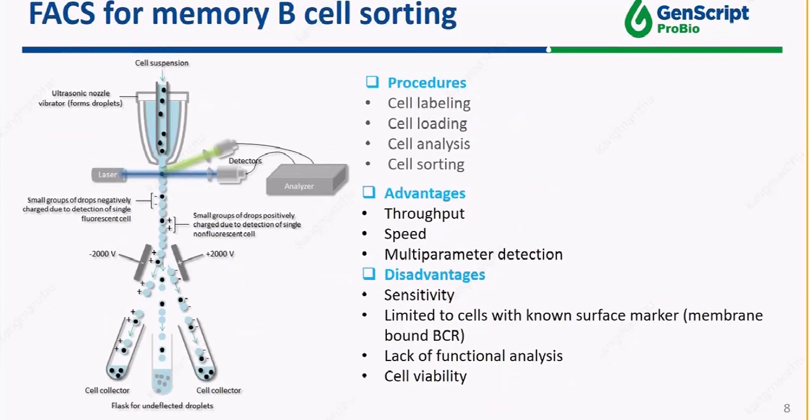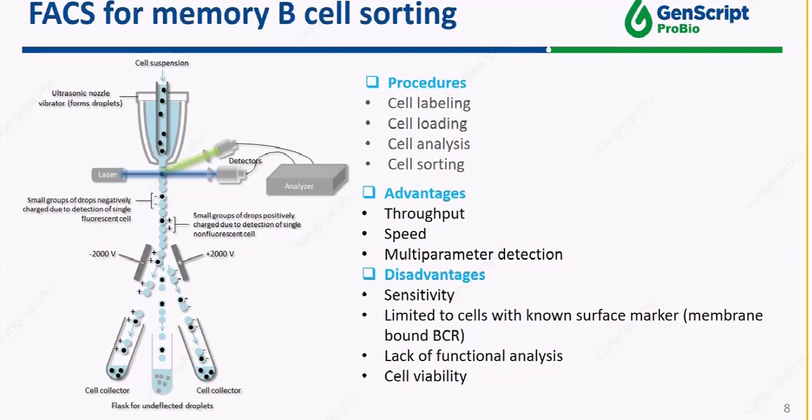Another very popular and well-established single-cell microfluidic system is FACS. First, the cells will be labeled with a fluorescent antibody molecule against one or more specific cell surface proteins. Then the labeled cells in suspension will be entrained in the center of a narrow and rapidly flowing stream of liquid.